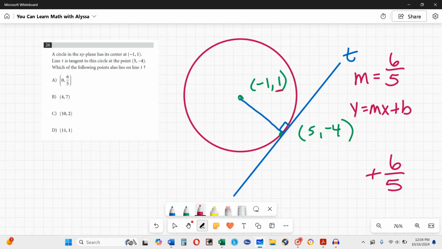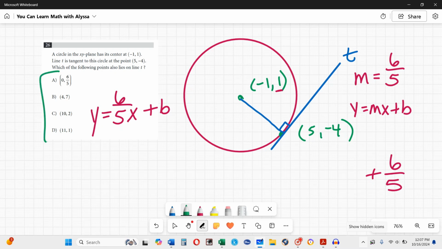Okay, so I'm going to write this over here on the left, y equals mx plus b. And I know that 6/5 is my slope. Now I have my slope in there, I need to solve for b, and then I'll have the equation of the line. That's important because once I have the equation of the line, then I can determine which of these 4 points is on that line. So to solve for b, I need an x and a y, so that I only have that b variable left.